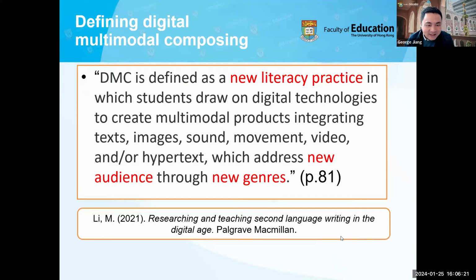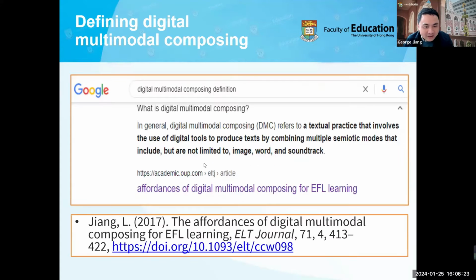Okay, sorry, forget it. This is a formal definition of what we mean by digital multimodal composing. This is a snapshot I took maybe several months ago. But now if you Google it with these keywords, you will get a new set of definitions.